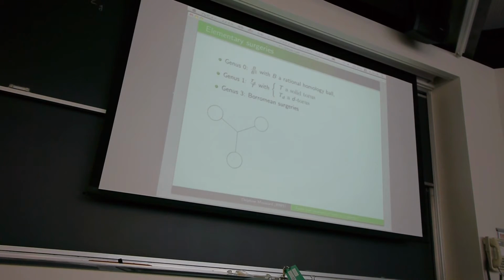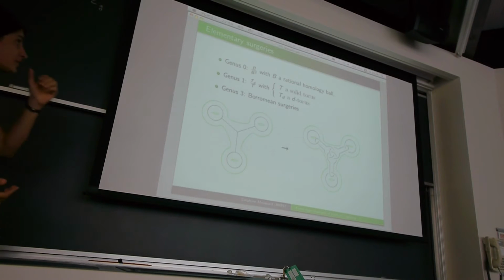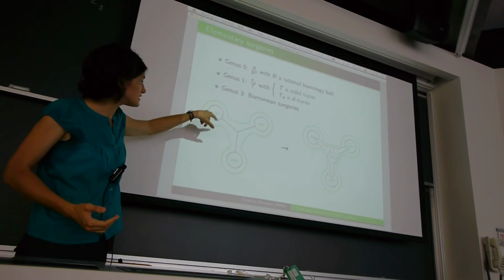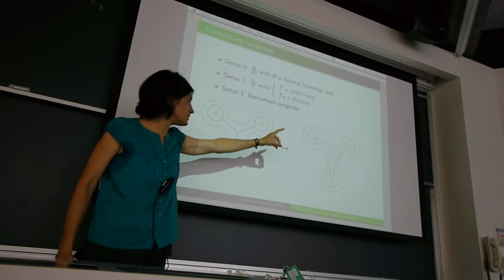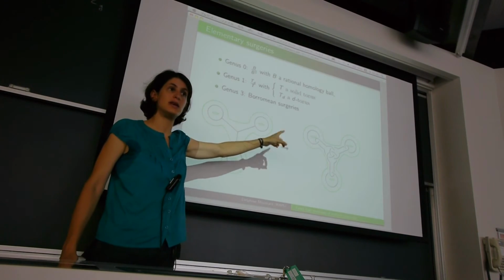In this manifold, you can consider a tubular neighborhood of your Y graph, which is a genus 3 handlebody. And inside this neighborhood, you insert this 6-component link. So taking into account some framing, we define the Borromean surgery along this Y graph as the usual surgery along this 6-component link.